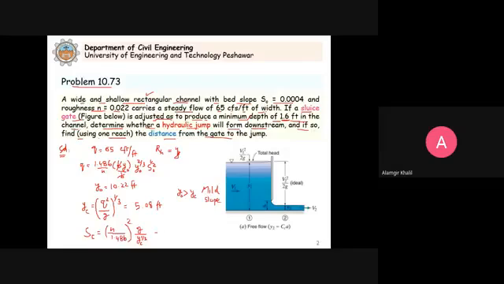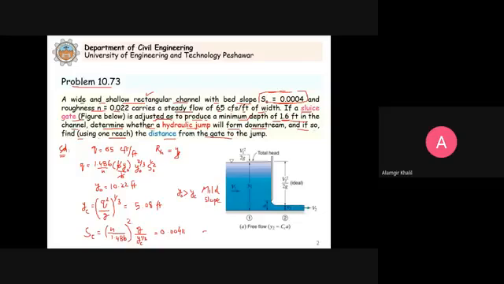So when you put the values here, we will get Sc equal to 0.00411. Now this Sc you can compare with S naught. What is S naught here? S naught is given by this value here.